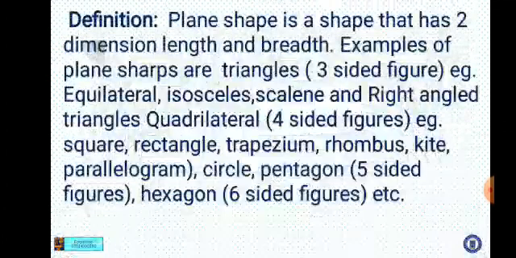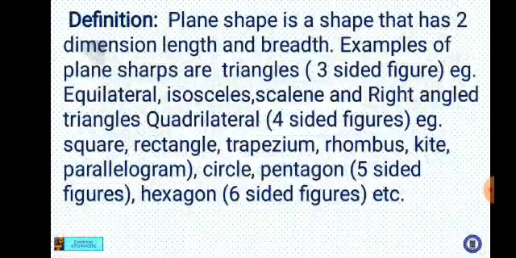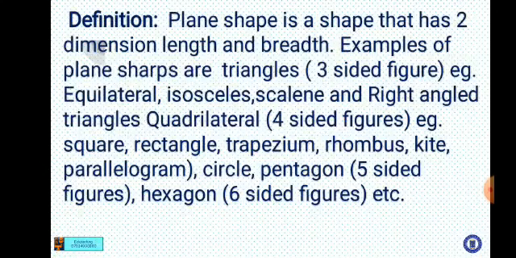Definition. A plane shape is a shape that has two dimensions, length and breadth. Examples of plane shapes are triangles, that is three-sided figure: equilateral triangle, isosceles triangle, scalene triangle, right angle triangles.